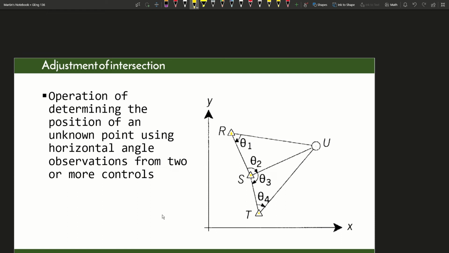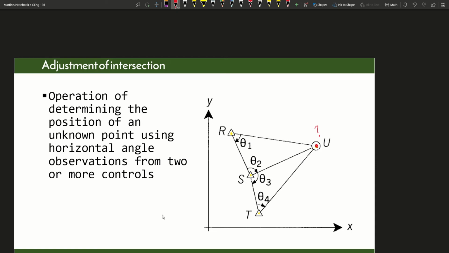For the adjustment of intersection, it has a unique solution, so it requires a minimum of two angles. Each additional angular observation contributes a redundancy. What does it mean? Take an intersection such as this one, with this point in question.